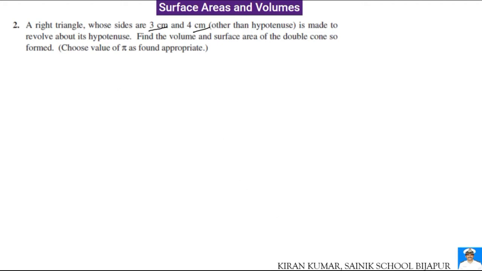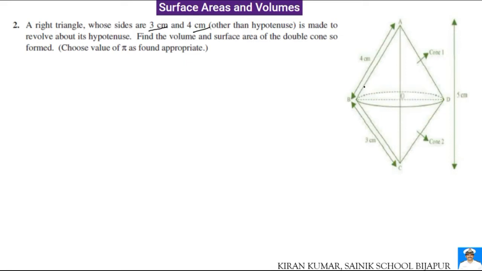The double cone would look like this. There is an upper cone and a lower cone. Let me call the upper cone as cone 1 and the lower cone as cone 2. Then if 3 and 4 centimeters are the sides, the hypotenuse will be equal to 5.